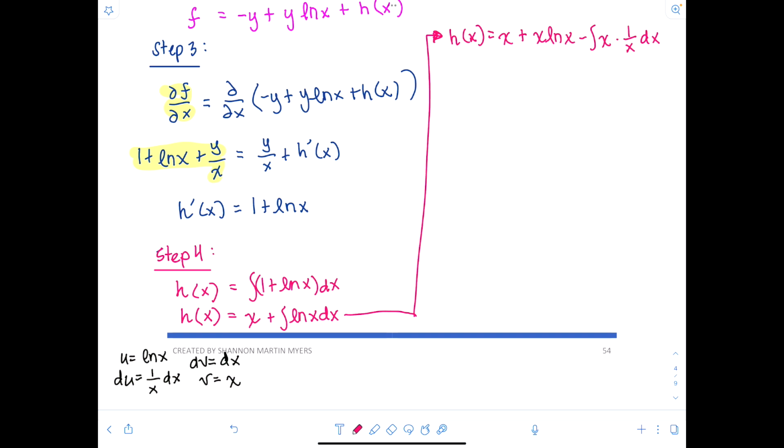So the x's divide out to be 1, so h of x will equal x plus x times natural log of x, and then you'll just get minus x. We will leave the constant for when we solve the final problem. So h of x actually simplifies to be x times natural log of x.